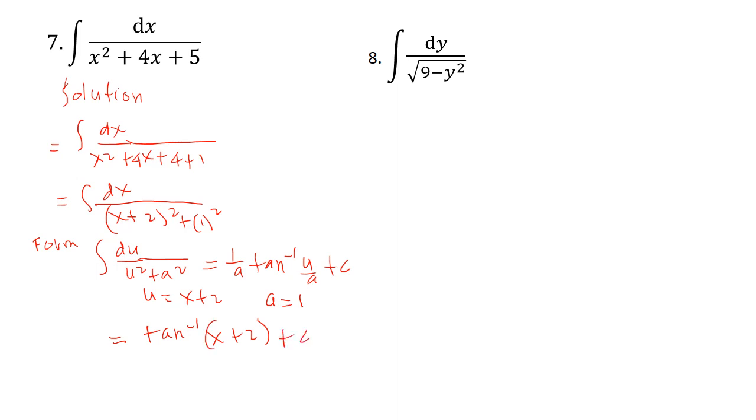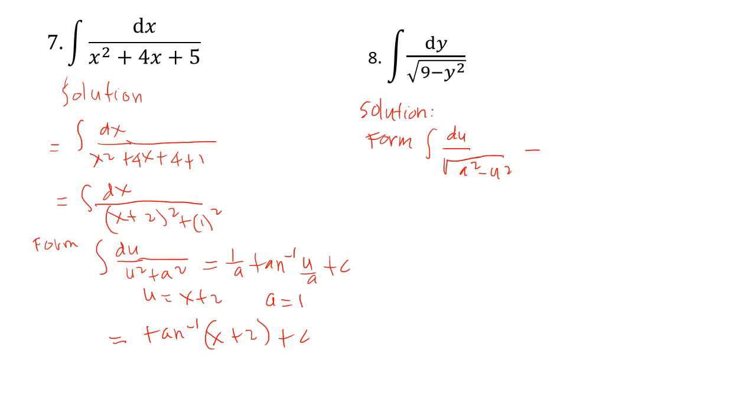Right here on number 8, integral of dy over square root of 9 minus y squared. So solution: this one is in the form of integral of du over square root of a squared minus u squared.